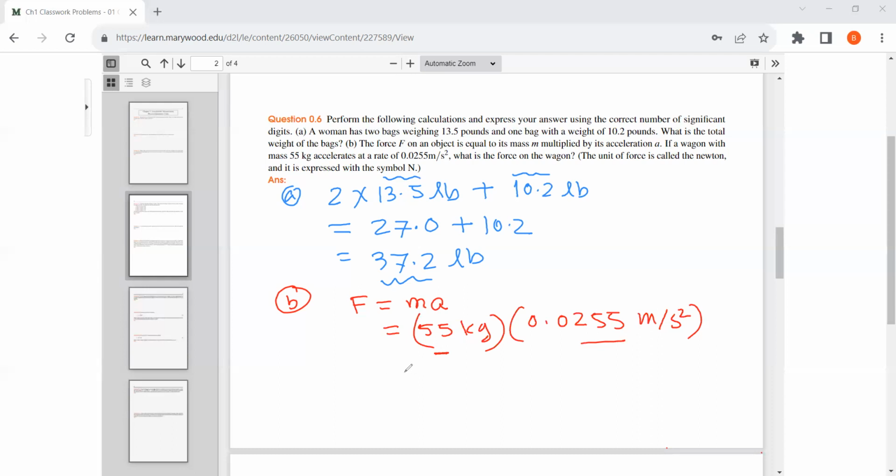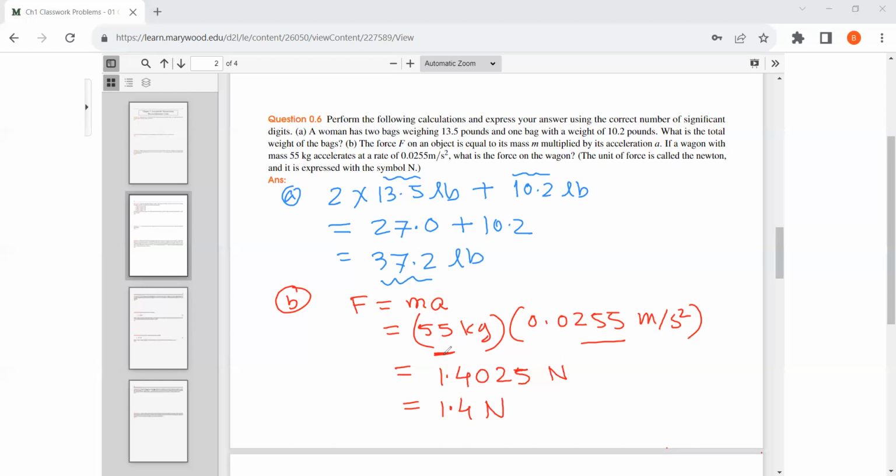If you do this math in a calculator, it will give you 1.4025, and the unit for force is Newton. You will learn that later. But in the correct significant figures, the result will be just 1.4 Newtons. Because the least number of significant figures is 2, our result should be in 2 significant figures.